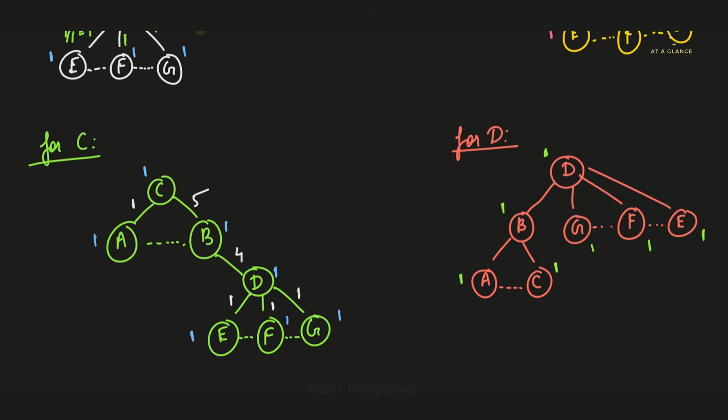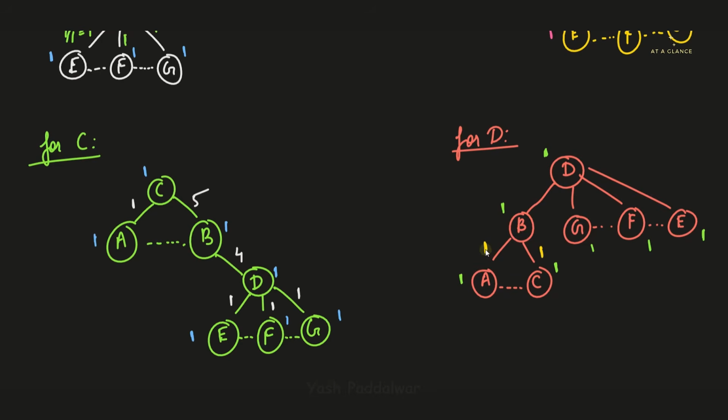Now, let's calculate the edge betweenness of all the edges. So over here, let's start with the leaf node, that is A. Since it is a leaf node, 1 divided by 1, it is 1. Similarly, C is a leaf node, so 1 divided by 1, it is 1 again. Now for BD, since B is a non-leaf node, we'll have to consider its child edges.